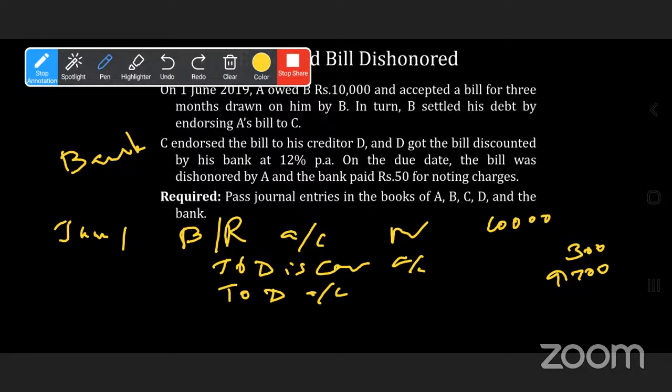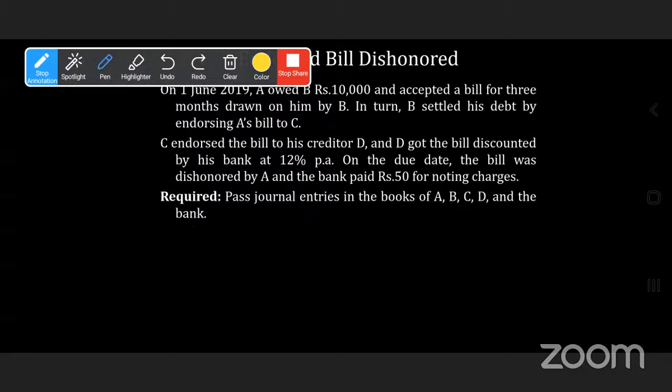Now let us see the other transaction wherein the bill got dishonored. On September 4th, that is the due date, the bill got dishonored. So D account debtor, because D has discounted it with the bank.